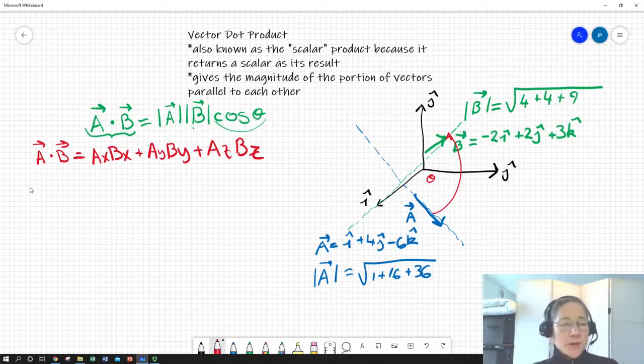And we can actually prove why that is the case by doing the FOIL method. We can multiply our vectors out.